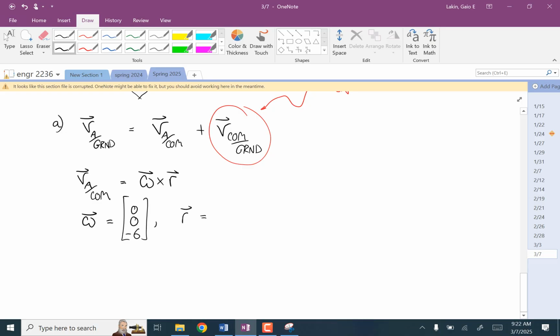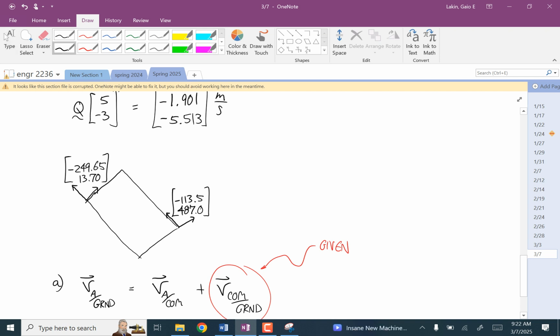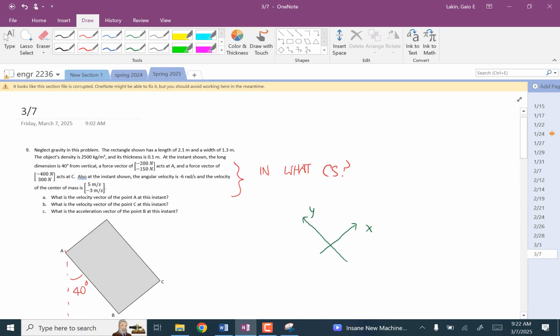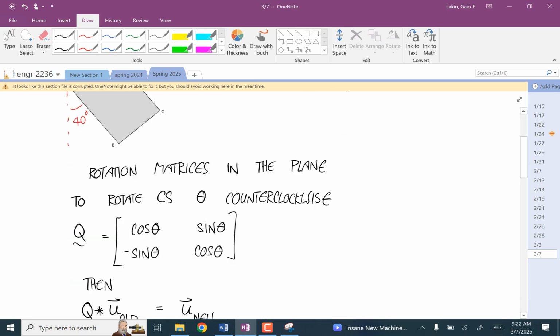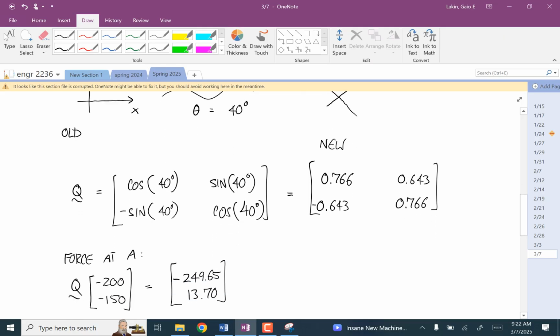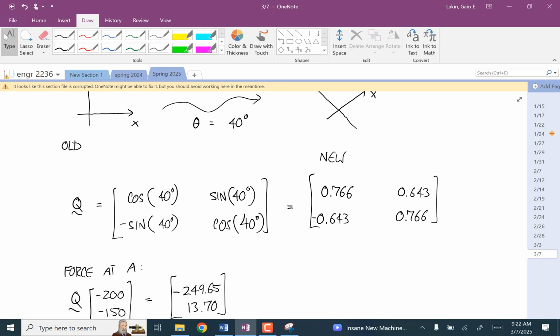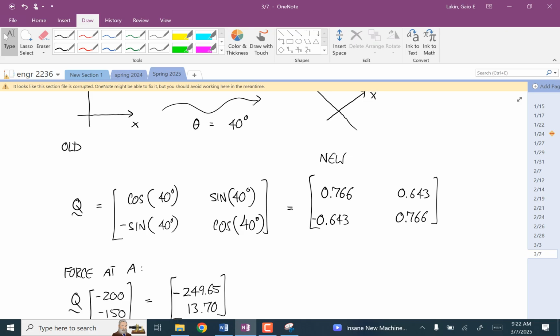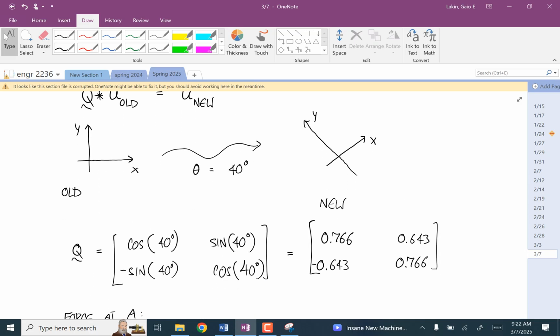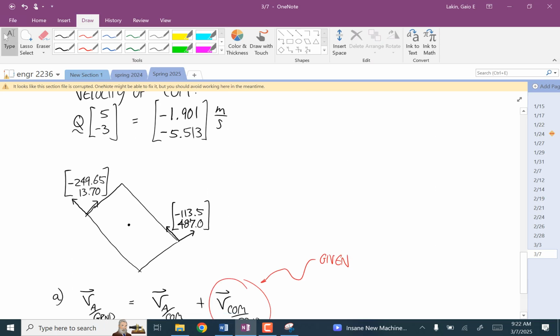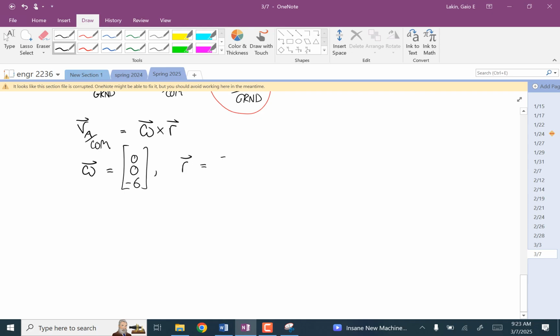And r, now that we're in this more convenient coordinate system, is just going from the center to A. So what are the dimensions? 2.1 and 1.3. So it's half of 2.1 in the positive y direction and half of 1.3 in the negative x direction. And then 0 for z.